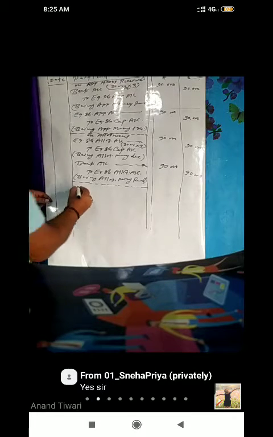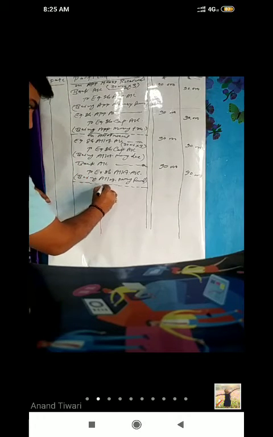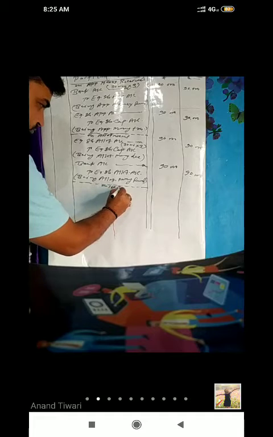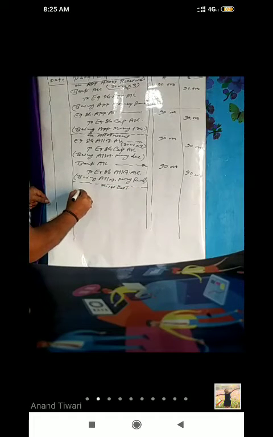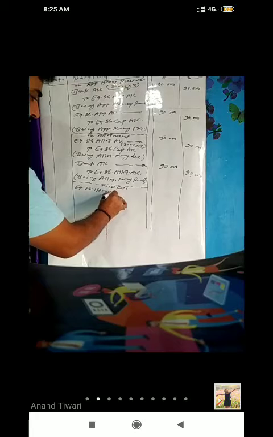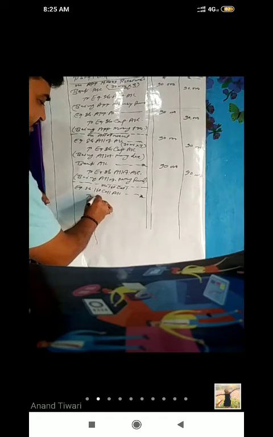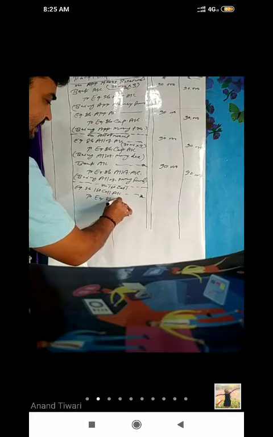Now come to the next, on first call. Look at the first call. The first entry is the same as followed in allotment. So the first due entry will be there on first call. The entry will be equity share first call account debit to equity share capital account.